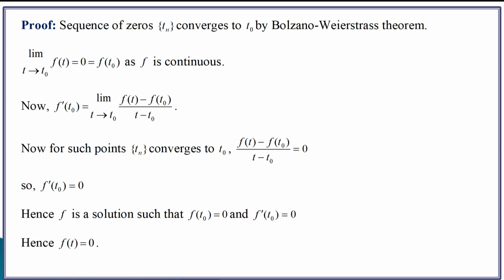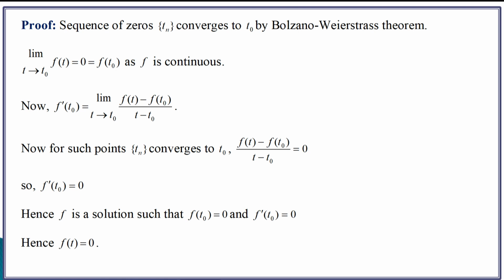If we choose the points such that all of them are points of the sequence which converges to t0, then the ratio in this limit becomes 0. Therefore the derivative at t0 also becomes 0.